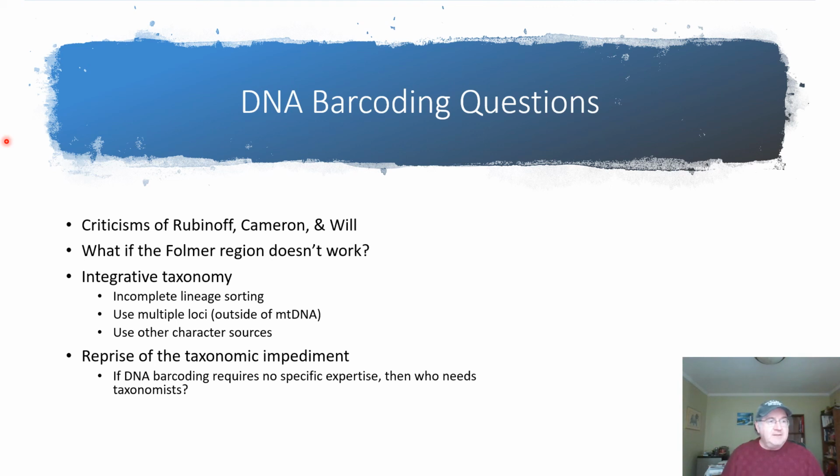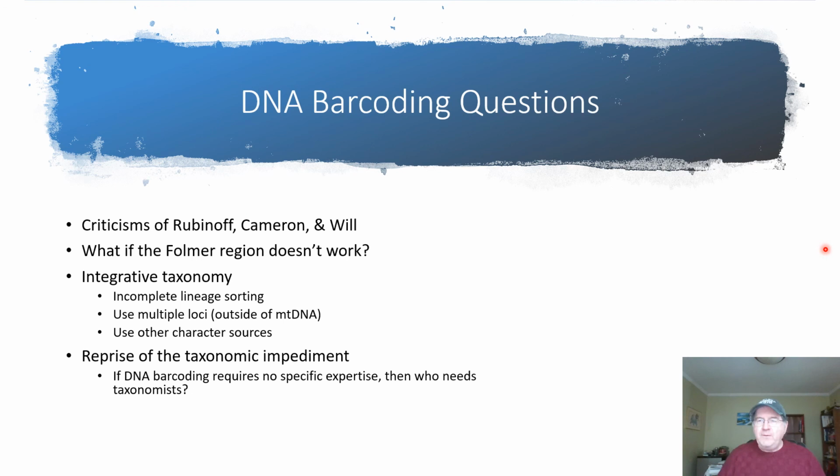Let's get rid of the taxonomist. So instead of alleviating the taxonomic impediment, it leads to a further decline in the job opportunities and funding for taxonomists going forward. So I fear that it could, in the long run, be bad for taxonomy and systematics.